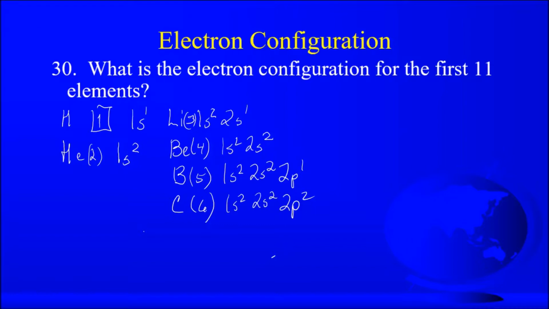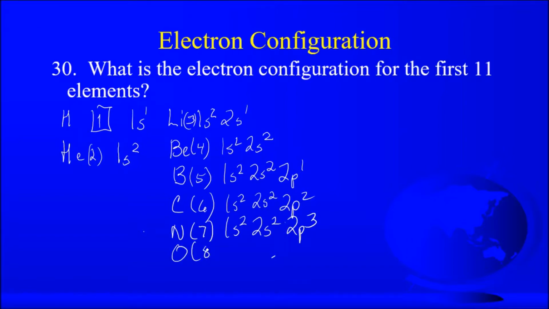All right, Christiane, nitrogen, number 7. Follow the pattern. Okay, say 1s2. That is the proper way of saying it. 1s2, 2s2, 2p3.